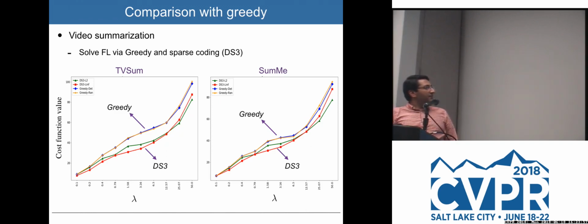So as we change the value of the regularization, this is what we get through this convex relaxation algorithm, and this is what we get through the greedy algorithm, whether that was the deterministic algorithm that Amin talked about or the randomized algorithm. And this is for one data set, TVSum, and this is for another, which is SumMe, and the trend is quite similar. So the convex, because of this nice property, could be closer to the global optima.